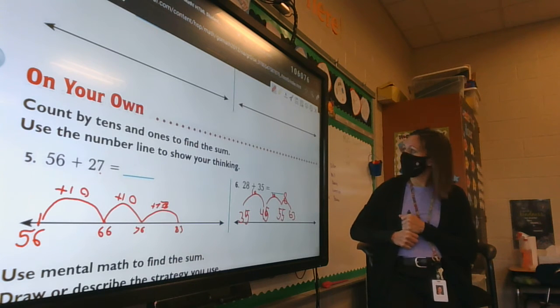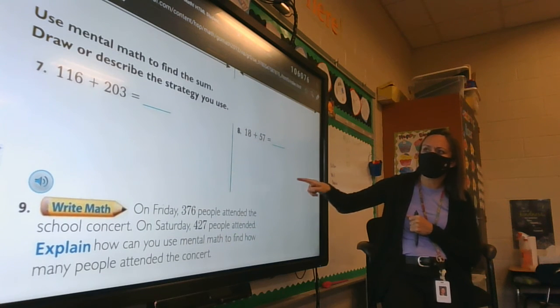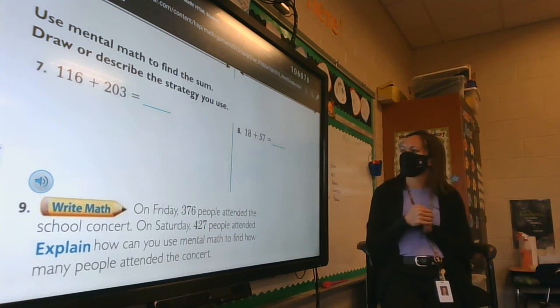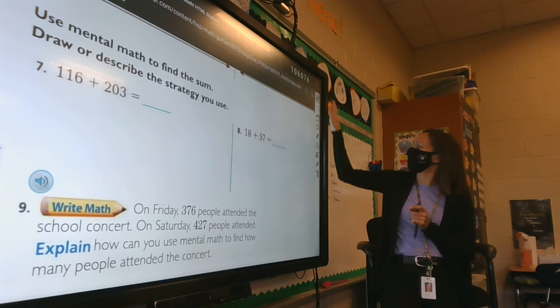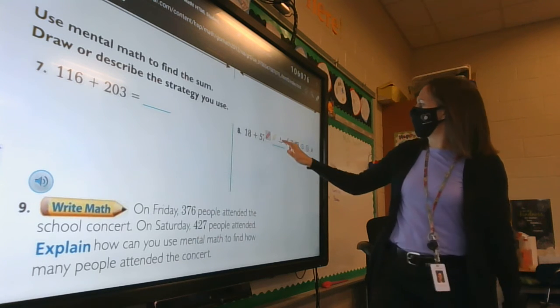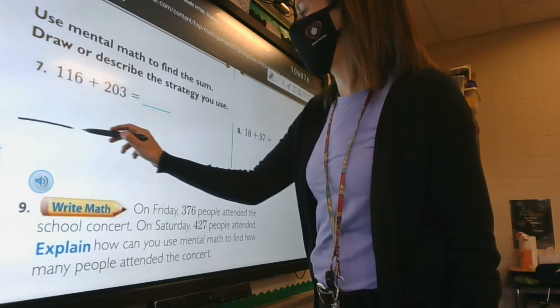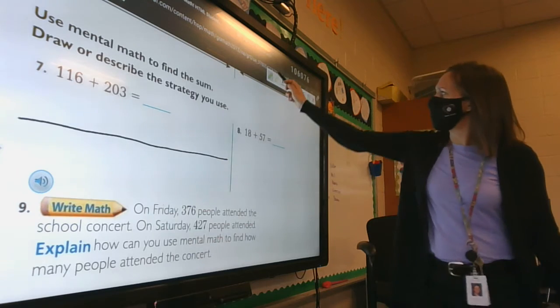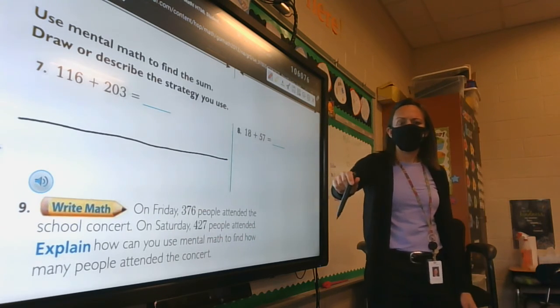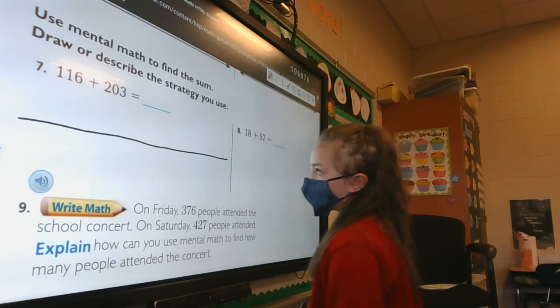Did anybody get to try number 7? You want to try it, Em? You want to come show us? Let me draw a number line for you, okay? That way you have a nice big number line. 116 plus 203.